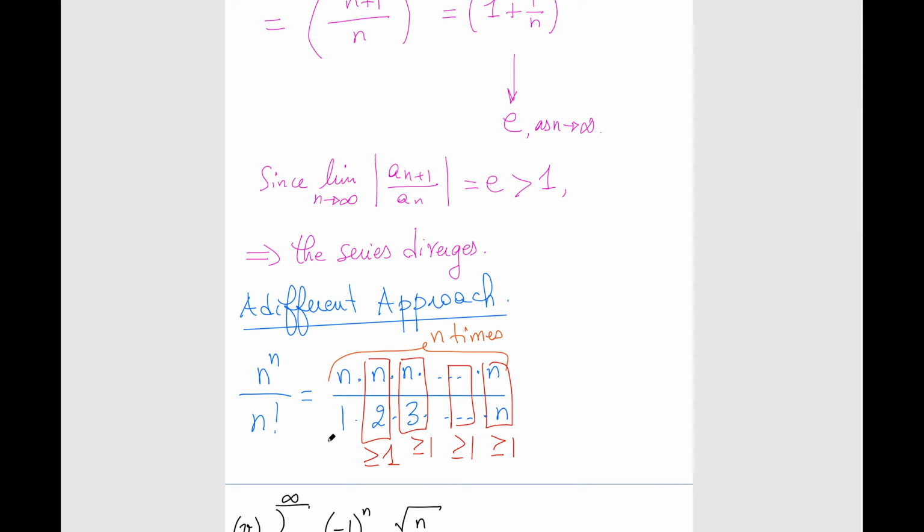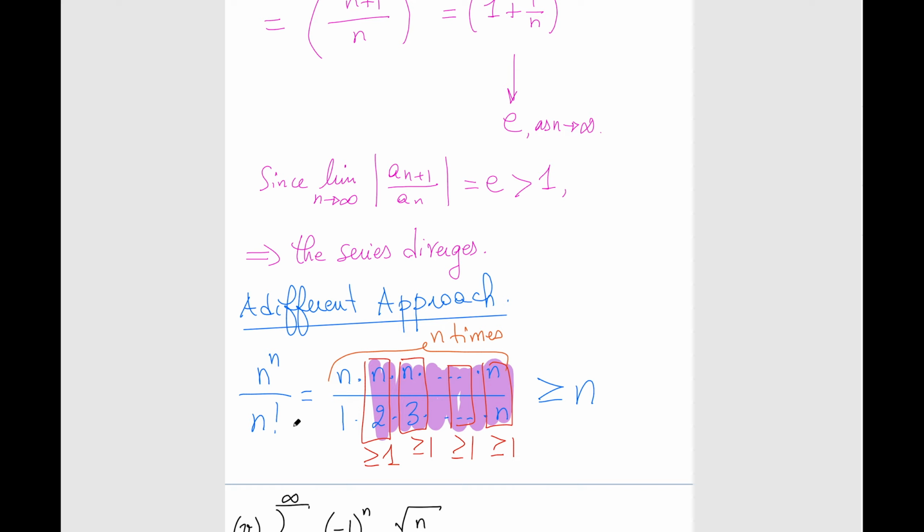Right? So all this block, each of the factors in this block is bigger than or equal to 1. So the whole block is bigger than or equal to 1 times 1 times 1, n minus 1 times. So this block is at least 1, and times n is going to be at least n. So that's going to be at least n.